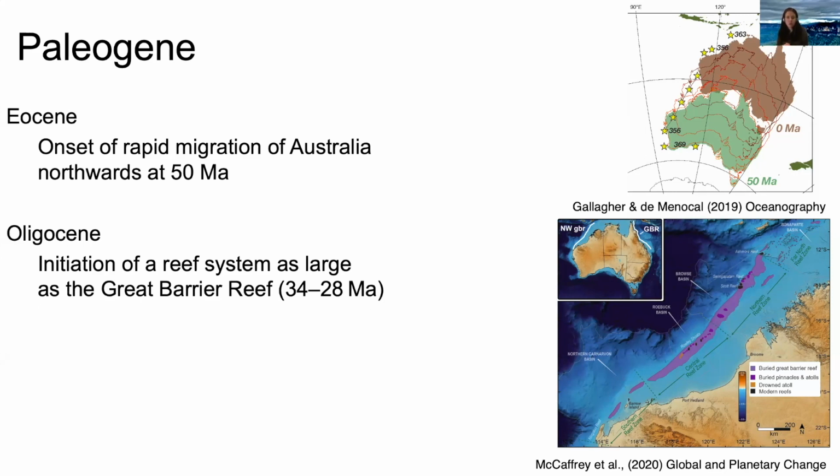That work was carried out by one of Steve Gallagher's PhD students, Jackson McCaffrey, and they used extensive seismic lines throughout the Northwest Shelf. They were able to map this rift system in both time and space, and that work was published in Global and Planetary Change last year.